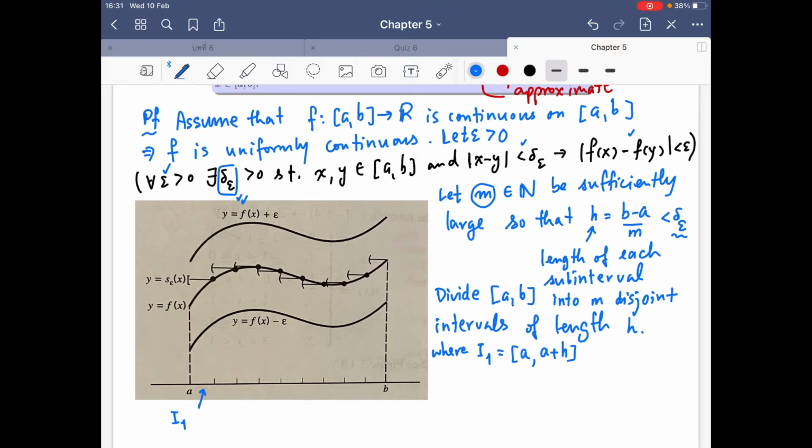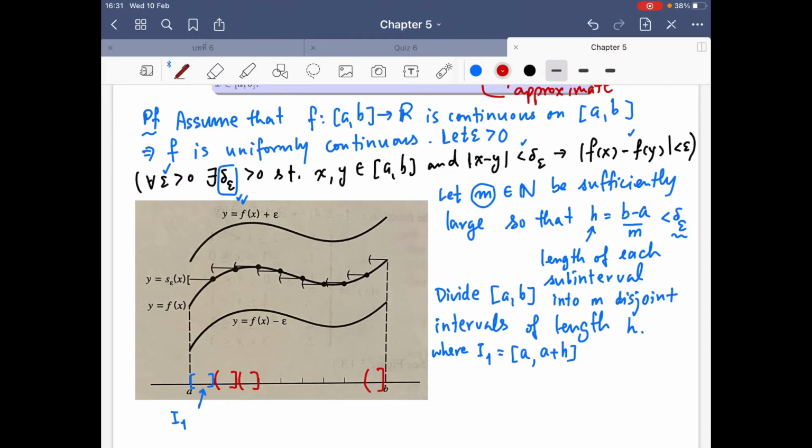However, if this one is closed and this one is closed, the next one must be open and then closed, open and then closed, up to the last one, which will be open and closed as well, so that each of them will be disjoint.